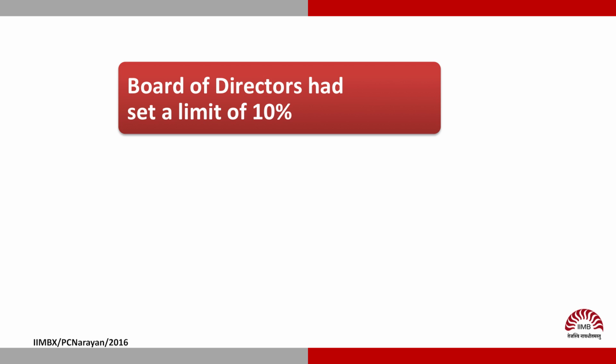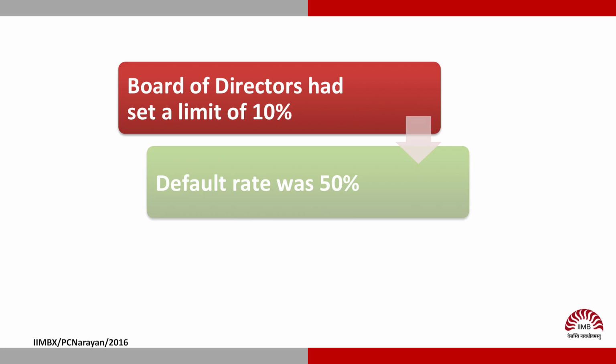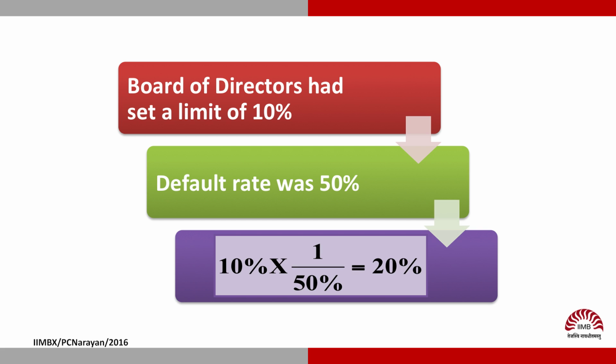Remember, the board of directors had set a limit of 10% and the default rate was 50%. That is how we arrived at this 10% into 1 upon 50% equal to 20%.